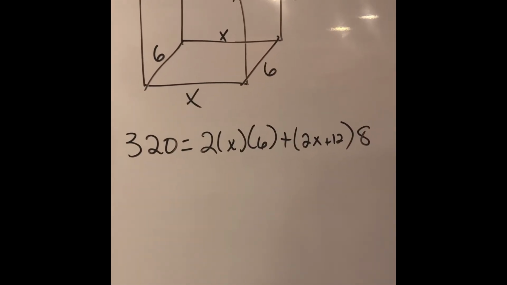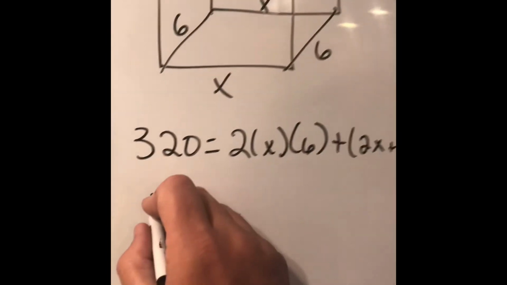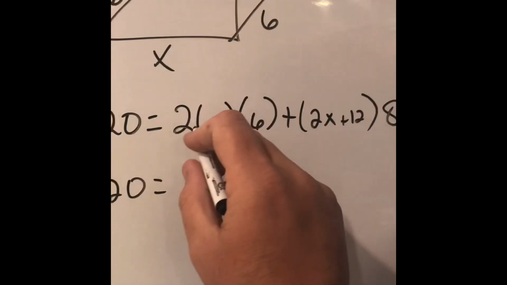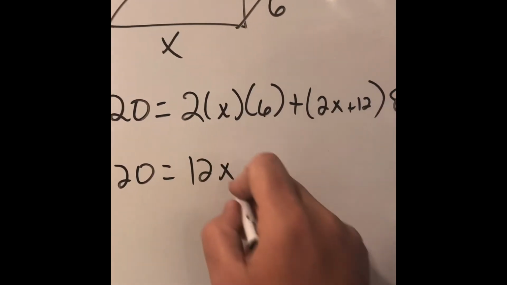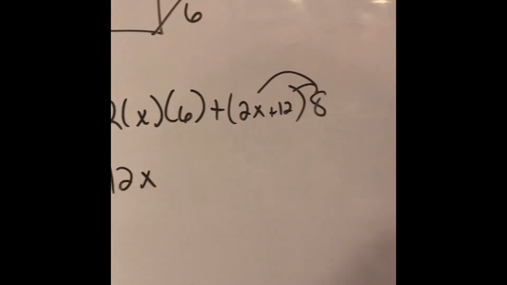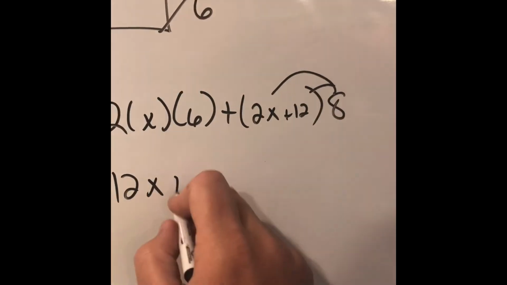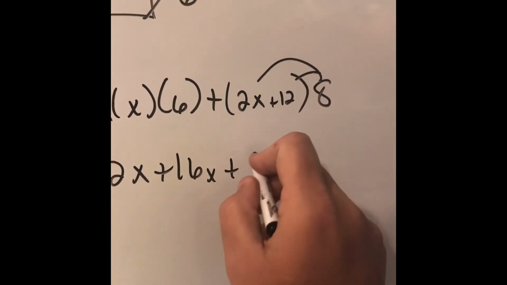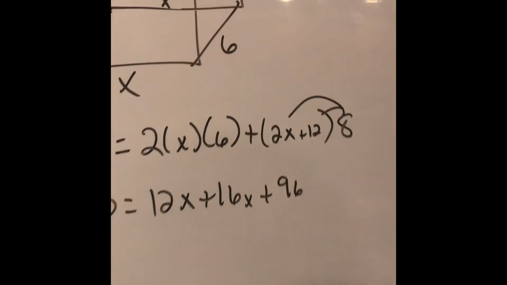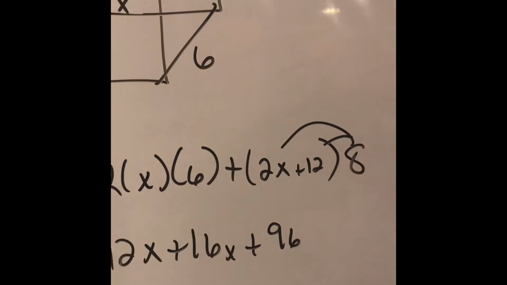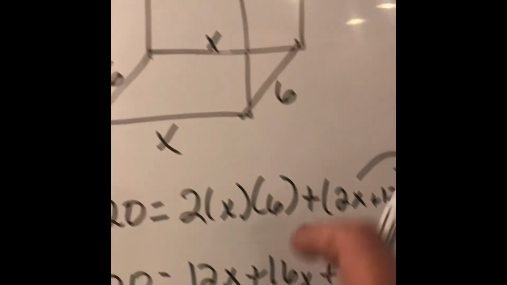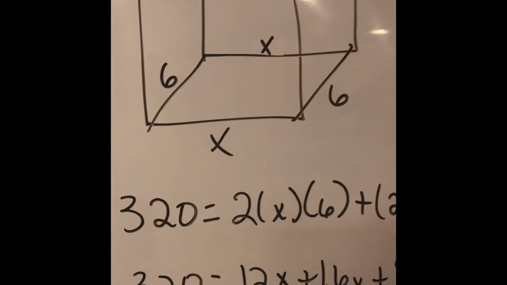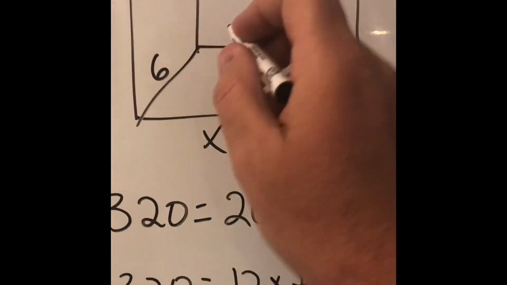So what I want to do now is solve this for x. So 320 equals 2 times 6 is 12x. And now we're going to distribute the 8. So that becomes plus 16x plus 96. Now the reason I have that 2x plus 12 in parentheses is that it's the entire perimeter.